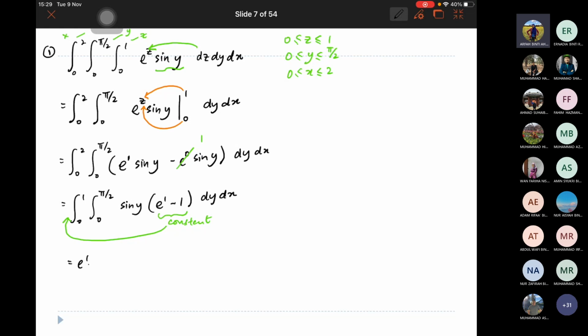So exponential 1 tolak 1, 0 sampai 2, 0 sampai pi per 2, sin y dy dx. Okay. Okay. So integrate sin. Akan dapat exponential 1 tolak 1, 0 sampai 2.